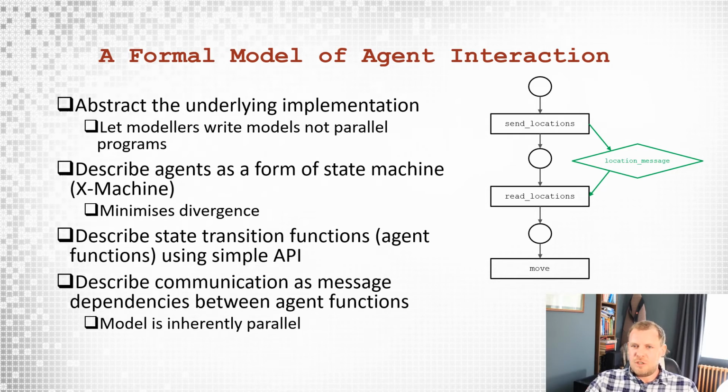Agents can then read those locations and then move into the final state, which will involve updating their position and ultimately moving. So this formal description of an agent is really nice because it's inherently parallel. The fact that we have these states means that we have the opportunity for synchronization and can build much more complex models that can be parallelized.